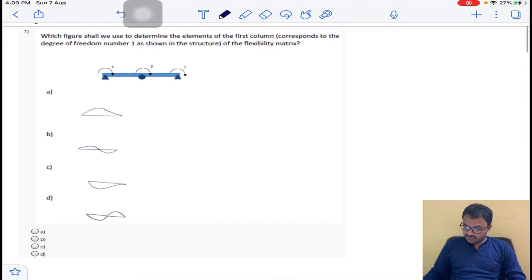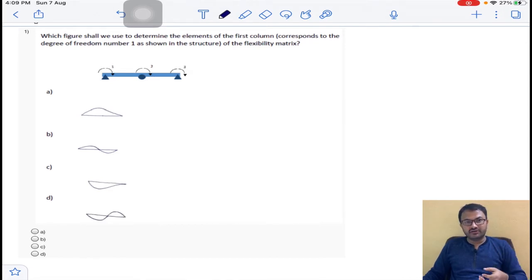First question: which of the figures shall we use to determine the elements of the first column corresponding to degree of freedom number 1 in the structure of the flexibility matrix? He has given one continuous beam, and assigned coordinates 1, 2, 3.